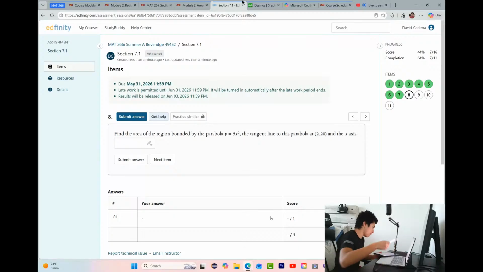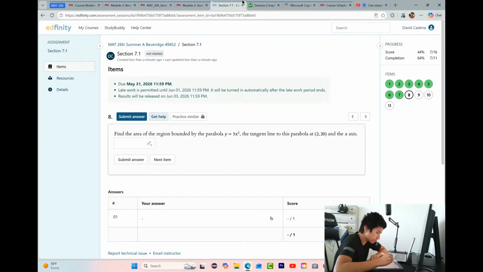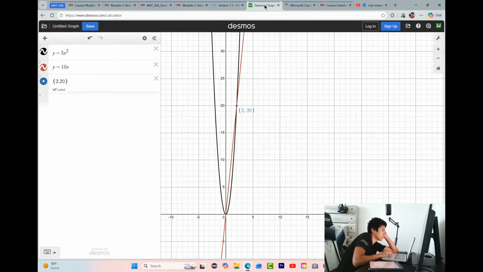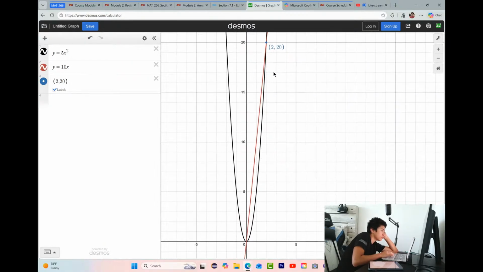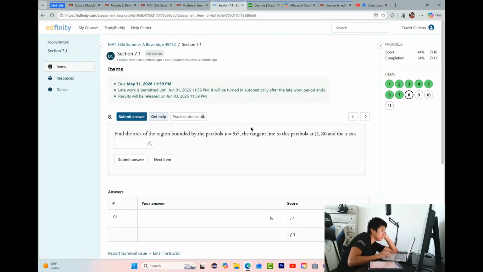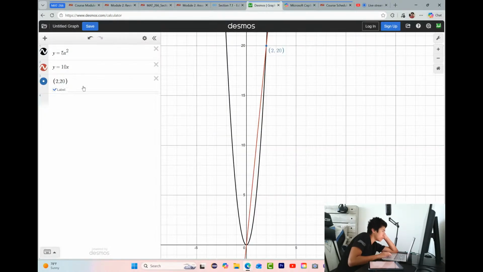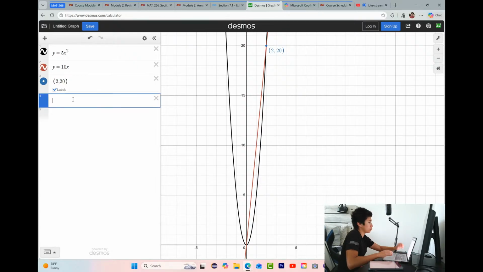And the x-axis. Beautiful. So we have, what's the first step? Oh, at 2, 20. At 2, 20.